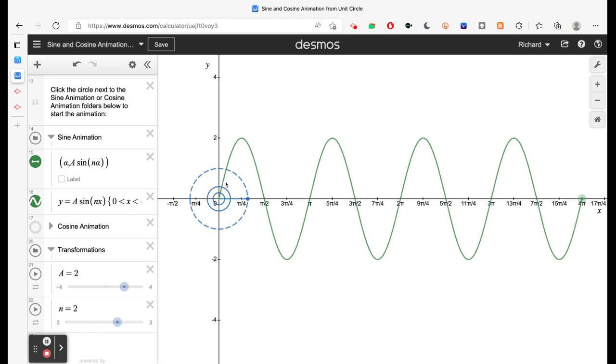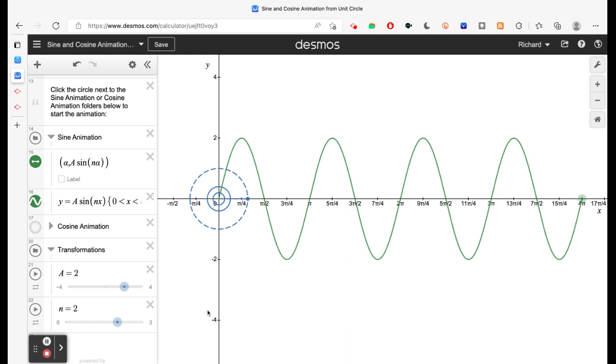What's happened is that instead of the graph cycling through over 2 pi, it's cycling through over pi. So by making n equal to 2, I have shrunk the graph. That's because I'm moving through the values twice as fast. So by the time we get to pi, half the distance, we've already started to repeat. So it's moving faster.